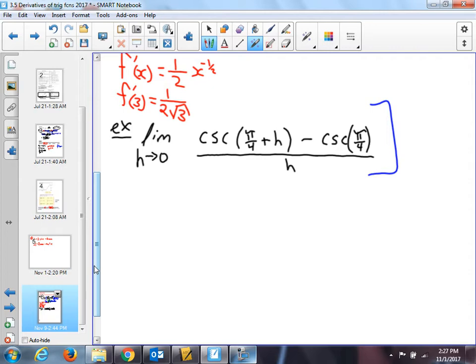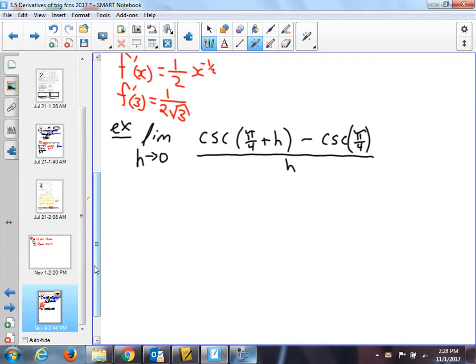This is like that f of a plus h minus f of a notation. So this is evaluated at pi quarters. The h is that little 0. You guys recognize that as the definition of the derivative? It's the slope formula with the limit.